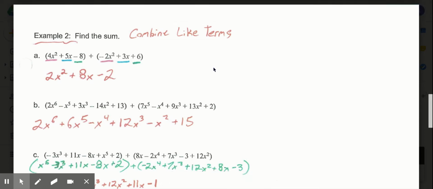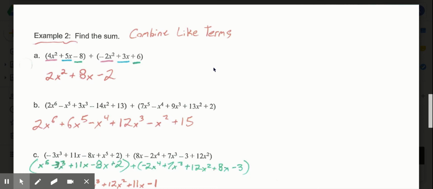Like terms, which we'll go over, means they have to have the same exponent and the same variable. So, same variable and the same exponent to be a like term. Coefficient out in front doesn't matter. That's what we'll be adding or subtracting.